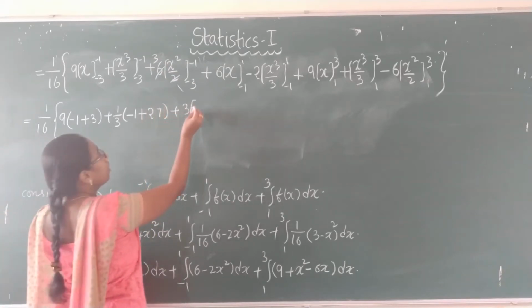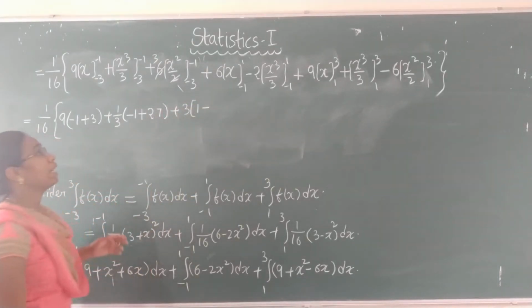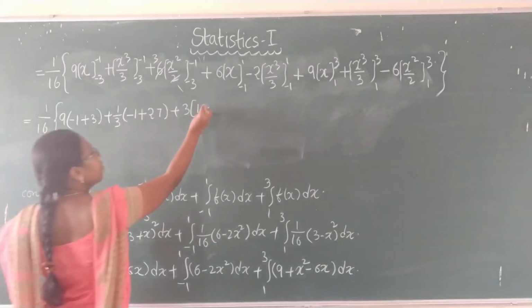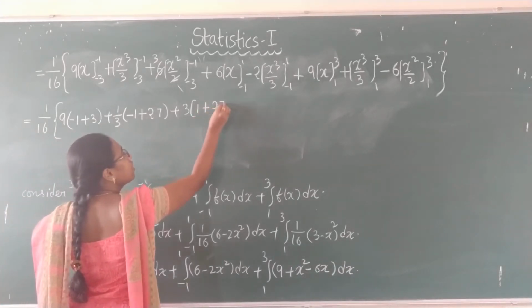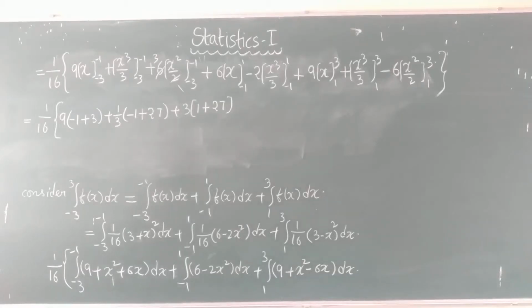Next, 3 into minus 1 square. Minus 1 square is plus 1, minus 3 square is 9.